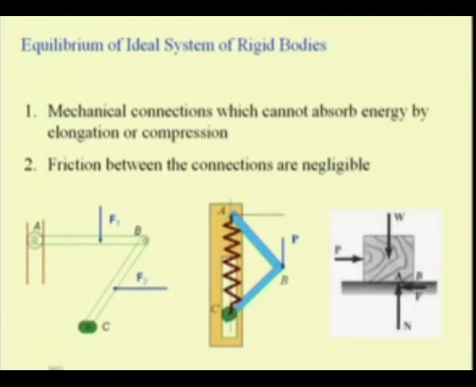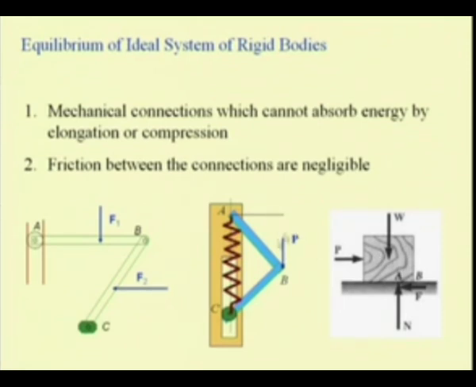Or we have other systems, like here this force P is trying to move this block and there is a frictional contact between this block and this surface, where the friction does a negative work, and thereby this is also not an ideal system if this force F is considerable and it leads to the dissipation of the work done by heat.